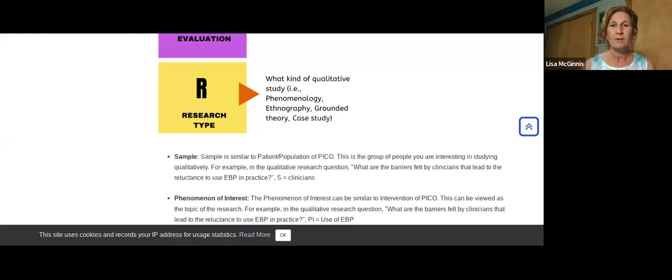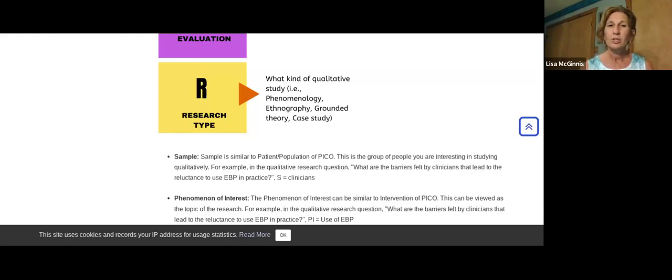I am aware that we have not studied all of these yet. All we have done so far is case study and grounded theory. So if you are trying to find some qualitative design research, and you put those two terms in, it's going to be a little bit easier for you to understand, because we haven't really talked about all of these yet.